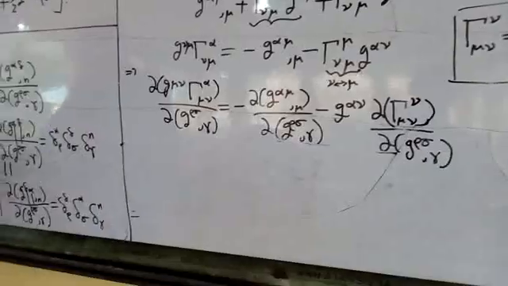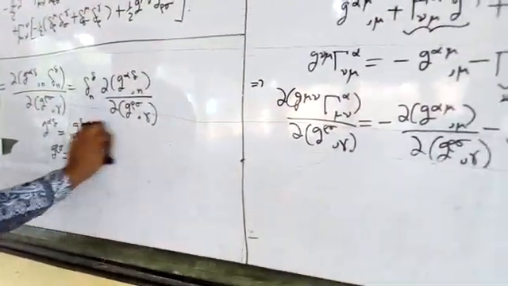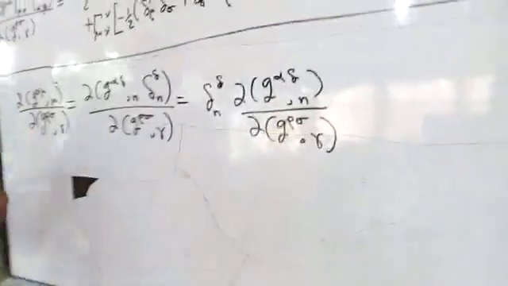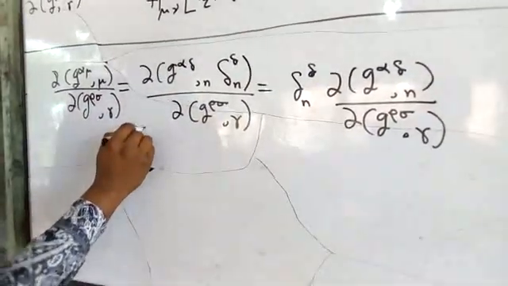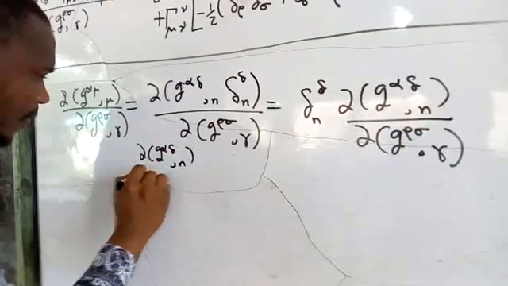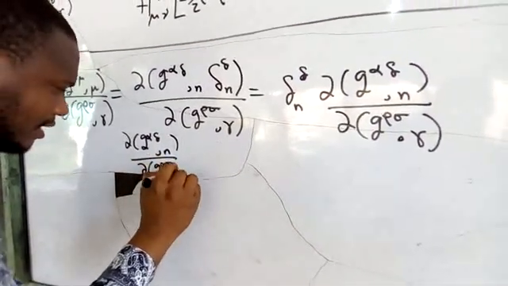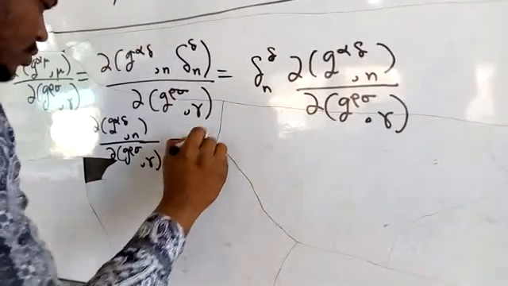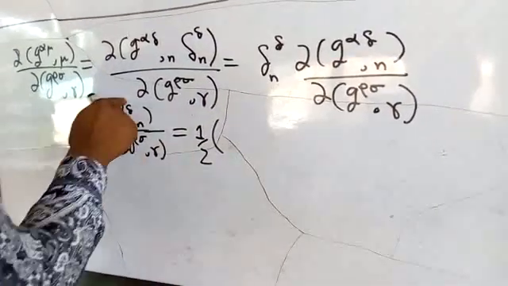So here, I think I can wind this out. So it is easy for me to say here that, I'm just going to take this now, and this is going to be dg alpha delta comma n all over dg rho sigma comma gamma. Now this is going to be equal to 1 all over 2. So I'm going to take the first possibility I could consider, this and that.